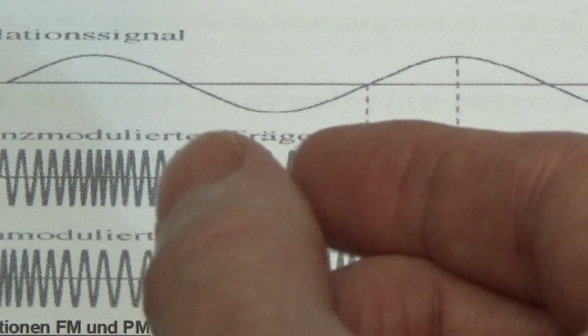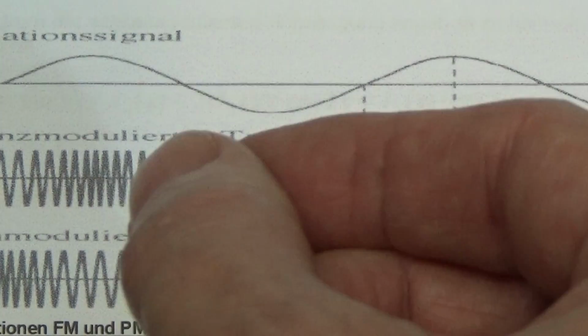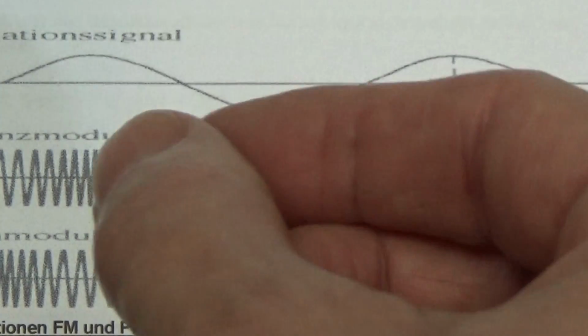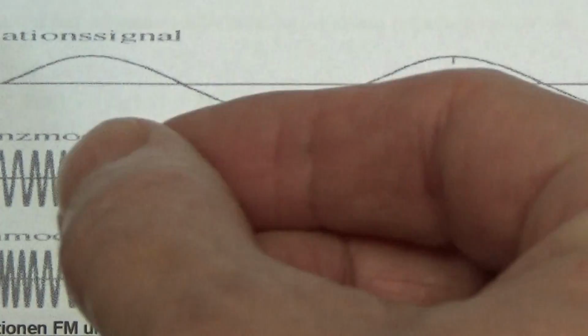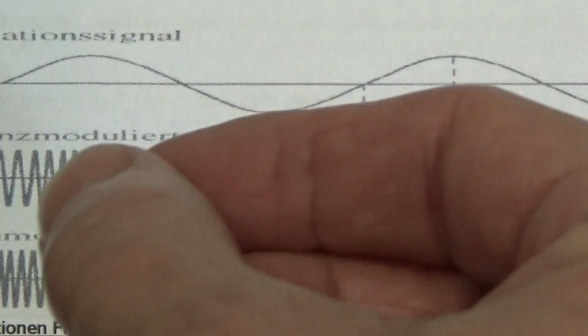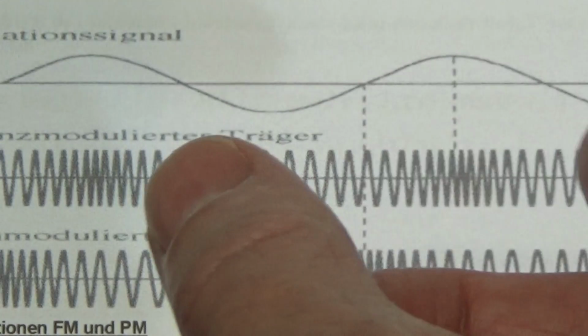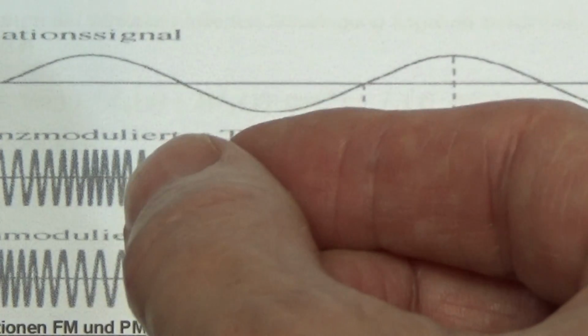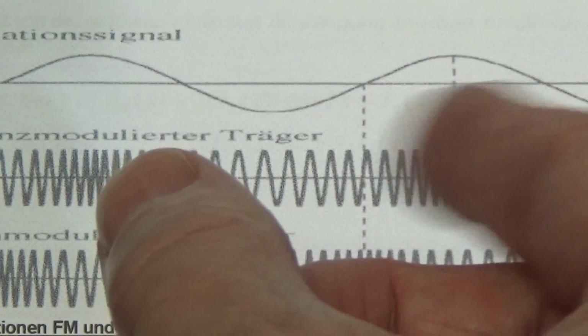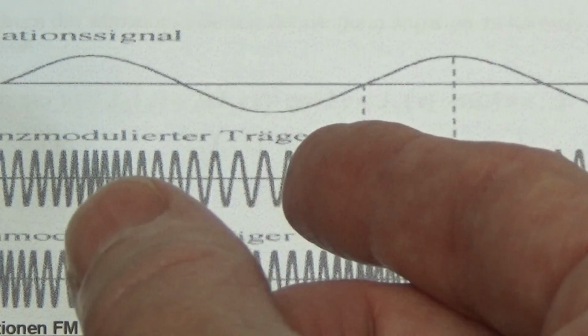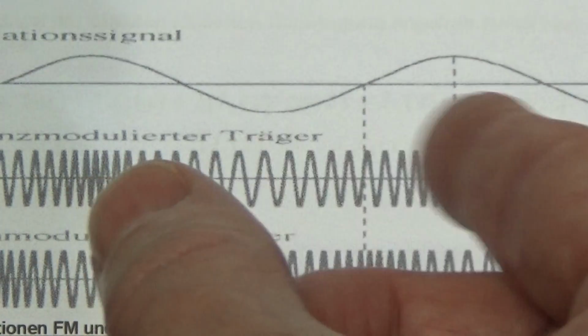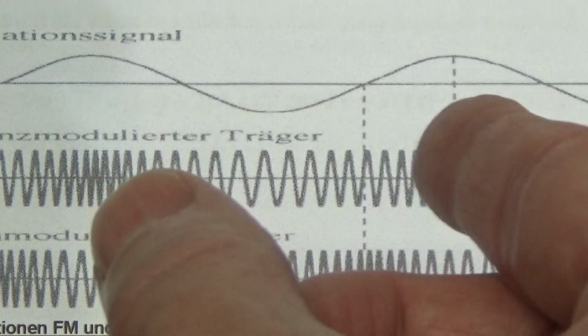And secondly, this here is, as I said, the deviation, and depending on how wide this deviation is, that is for volume, and the faster this movement is, that means you are changing the audio tone, okay?